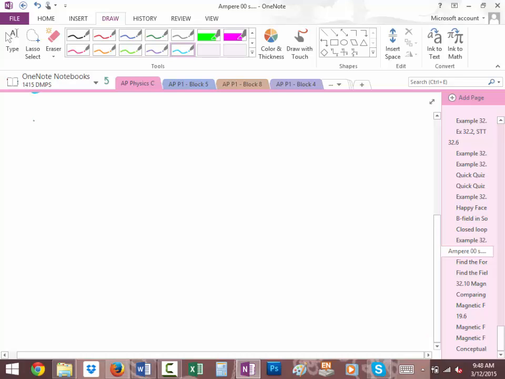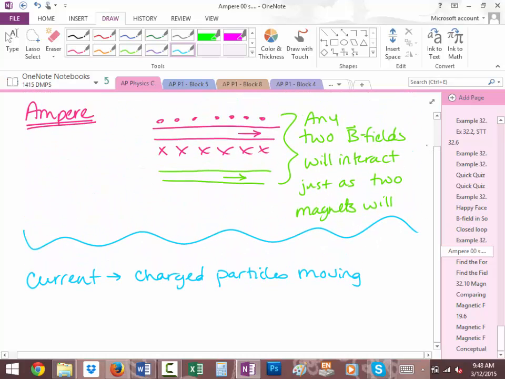So a current is just charged particles that are moving. And so if I go back to this little picture, if I've got one wire that's creating a magnetic field, then what's really happening is that the moving charges in here are feeling a force. That's what the interaction really is. It's a force due to that magnetic field.